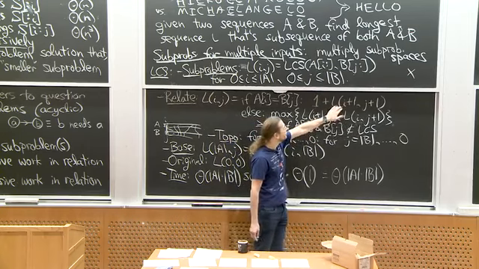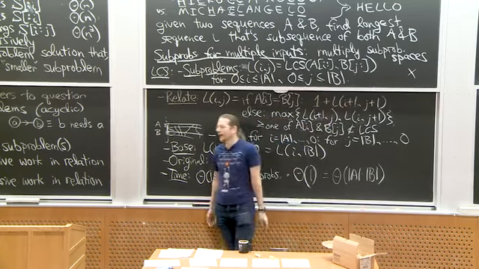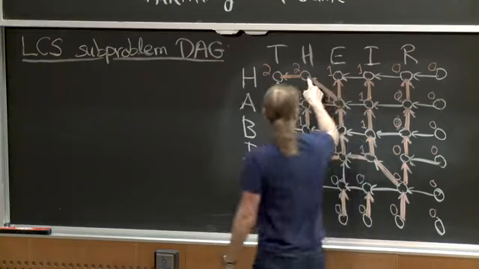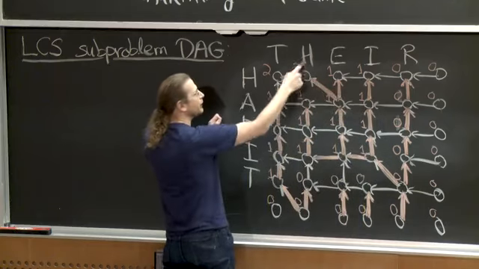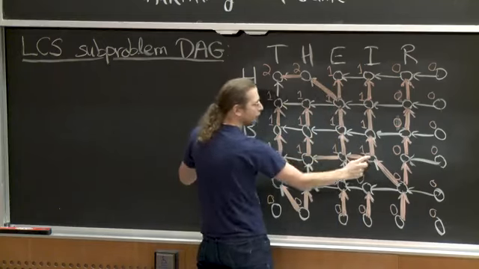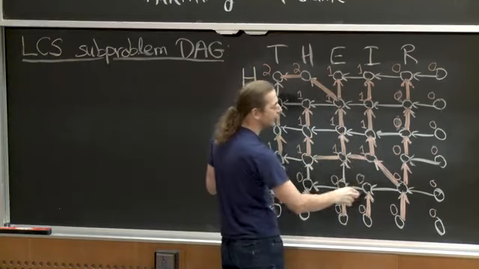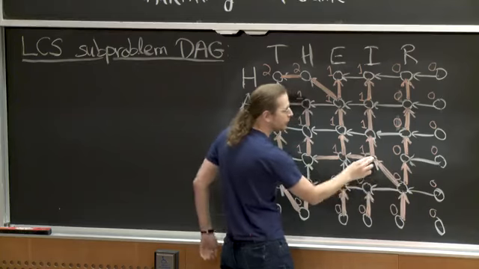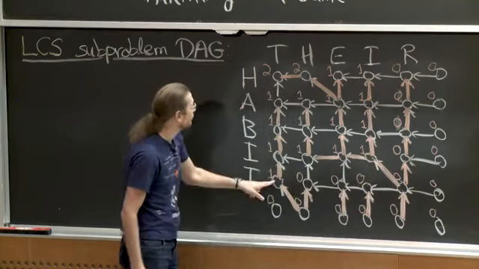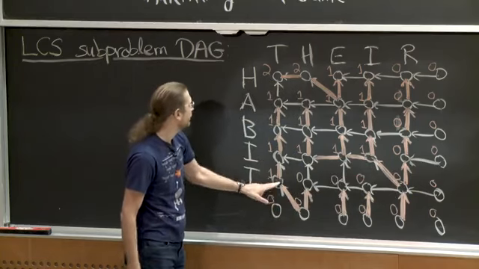In this case, and in this case, there's no choice, but I'll still draw in red that arrow. So these diagonal edges are exactly the cases where the letters match. Here, h equals h, I equals I here. So I draw this diagonal edge. That's that first case where the letters are equal. And so I recurse by increasing I and j. That's why I get a diagonal edge. There's also one over here where t equals t.